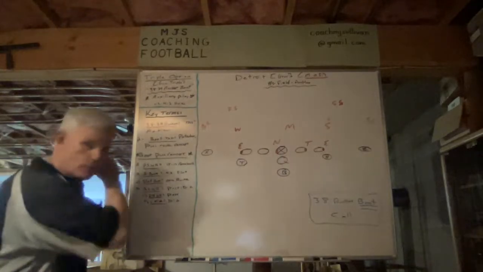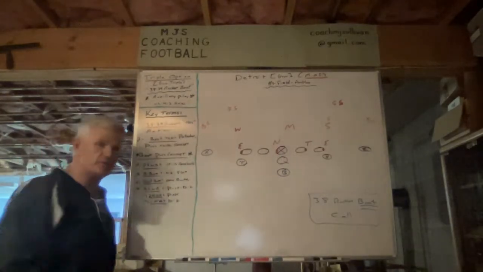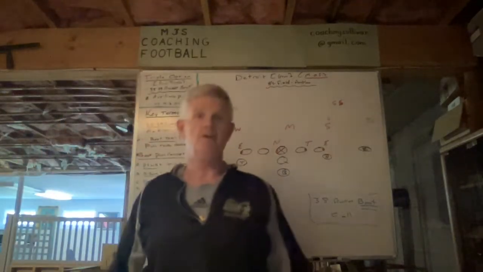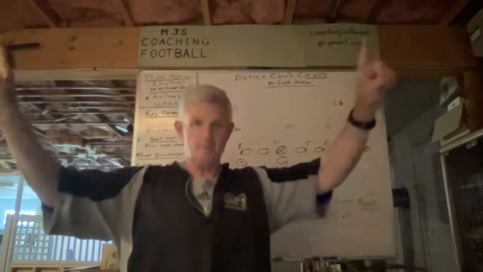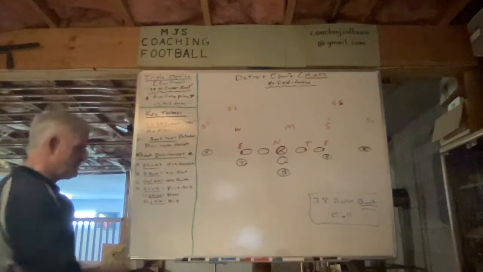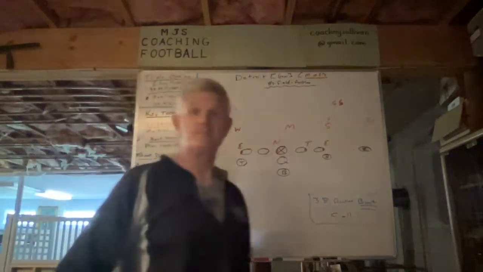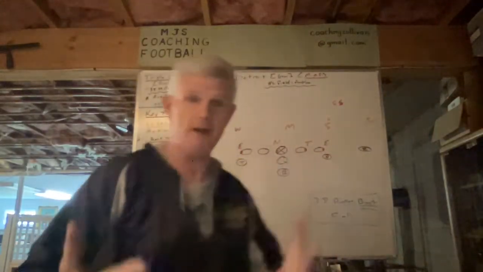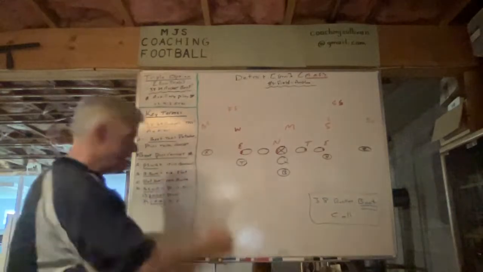So for us in our rules, when there's two high safeties, the wide receiver will run a post. He's going to work to try and get in between the two safeties. And then when it's one high, he's going to run a dig. Okay, and he's going to work to get into the vision of the quarterback. So now that'll come into play here in the diagram.